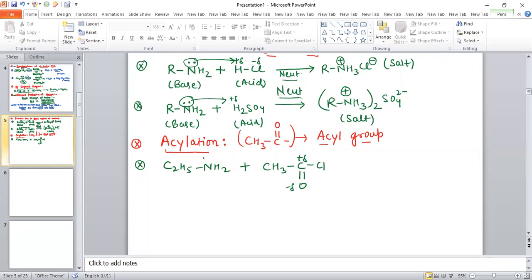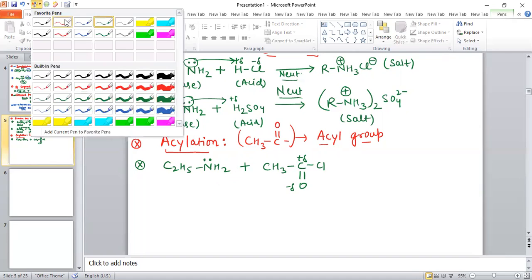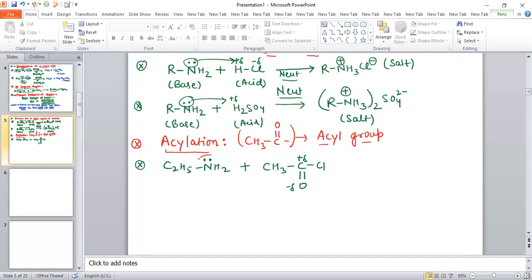We know there is a lone pair of electrons on the nitrogen atom, so this lone pair will attack this carbon atom. A new bond will be formed, and at the same time the pi bond on the oxygen atom will break.